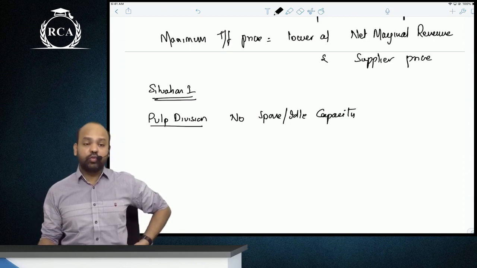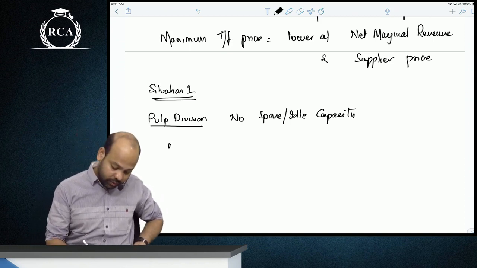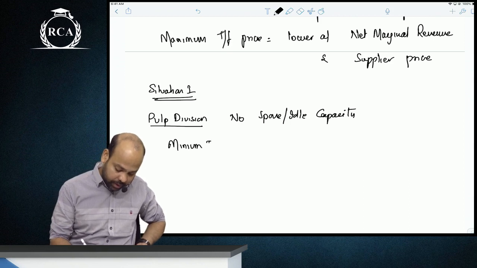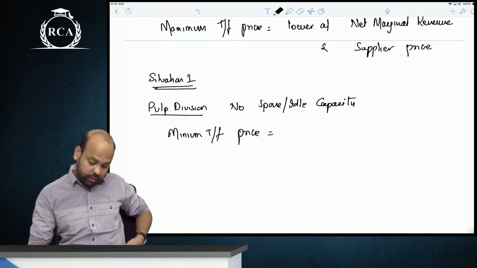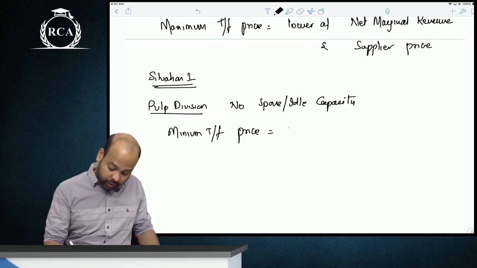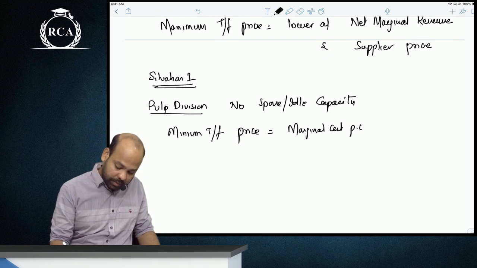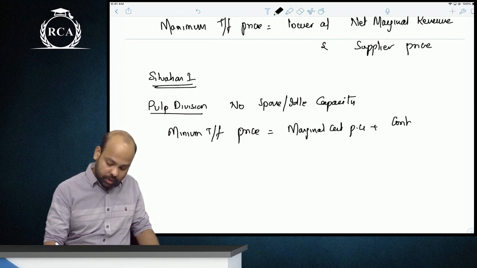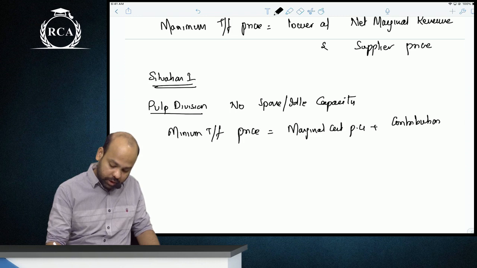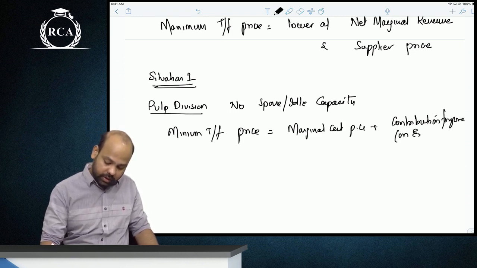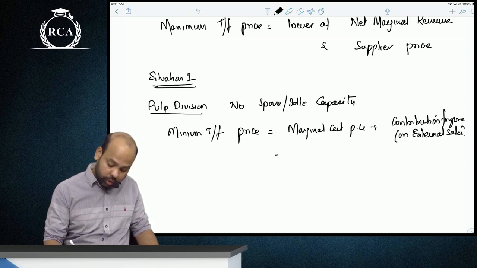If there is no spare or idle capacity, please do not forget your minimum transfer price would be equal to your marginal cost per unit, variable cost per unit, that is additional outlay per unit, plus contribution foregone per unit on external sales. In case you transfer internally, undoubtedly you are foregoing contribution.